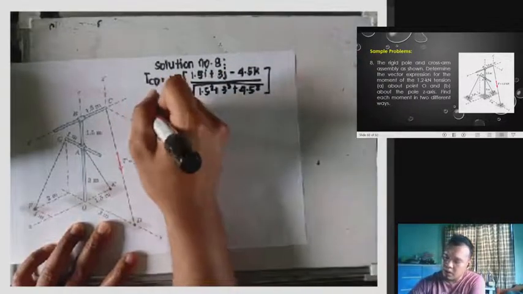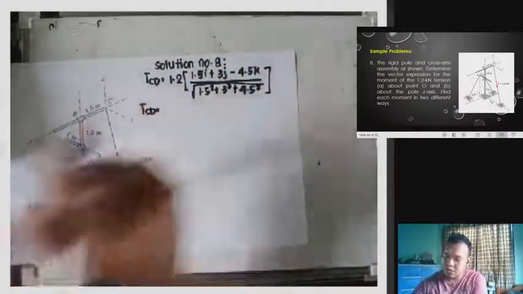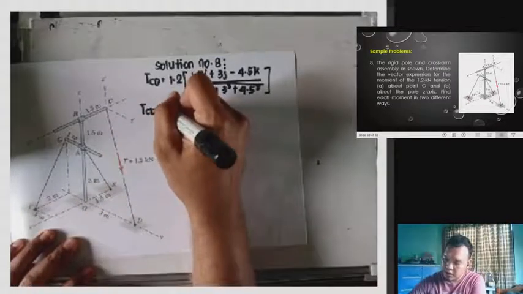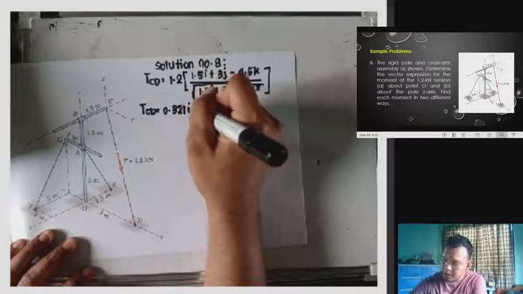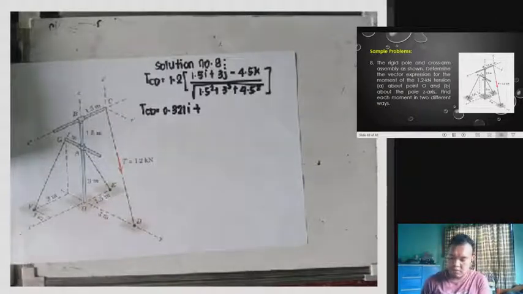Okay, we have here T_CD is equivalent kay, solve na lang natin diretso. So we have here 1.2 multiplied by 1.5 all over the square root ni 1.5 squared plus 3 squared plus 4.5 squared. So we have here 0.321i plus 1.2 times 3 all over the square root ni 1.5 squared plus 3 squared plus 4.5 squared.